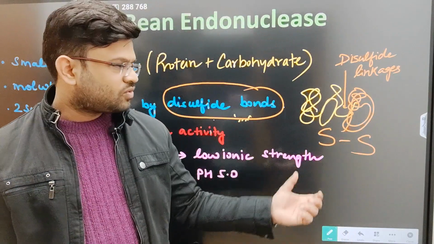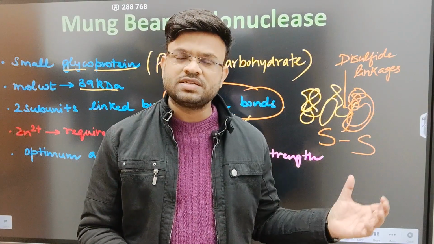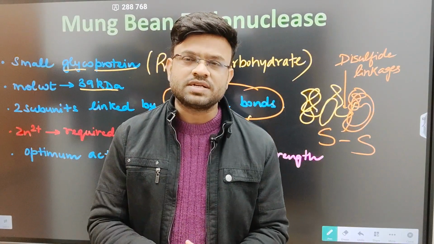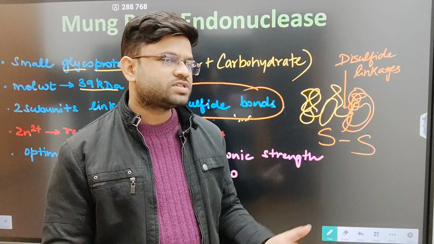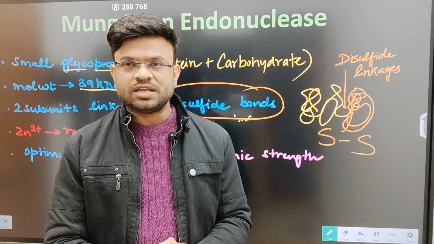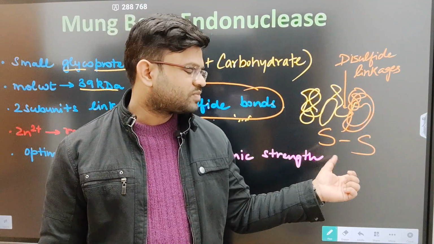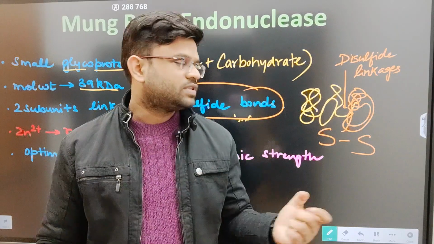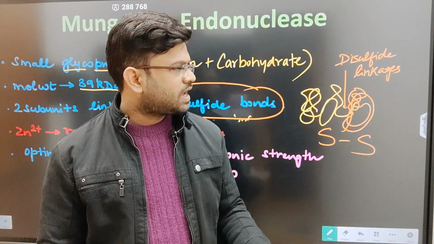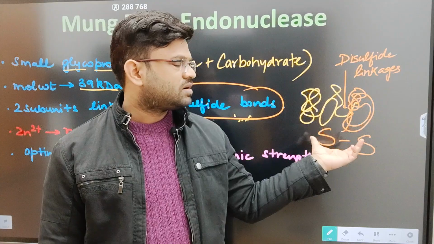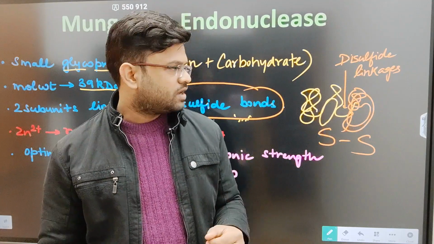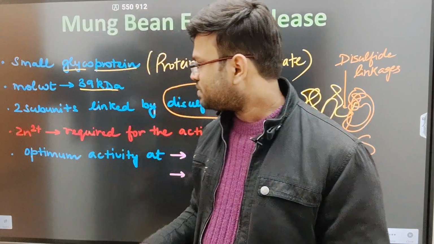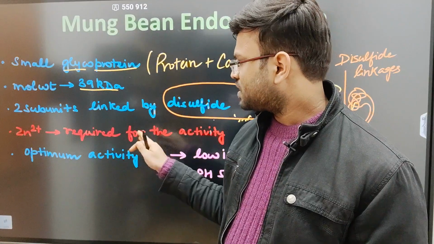And in which amino acids are these sulfurs present? You would say that they are present in cysteine. So the sulfurs from the cysteine combine together with the help of a disulfide linkage, and they would yield a Mung bean endonuclease.